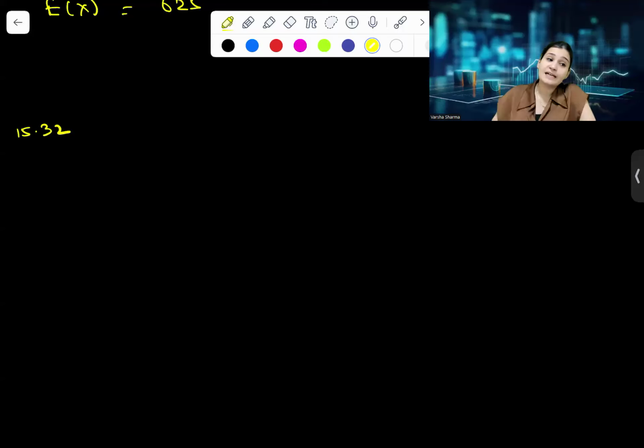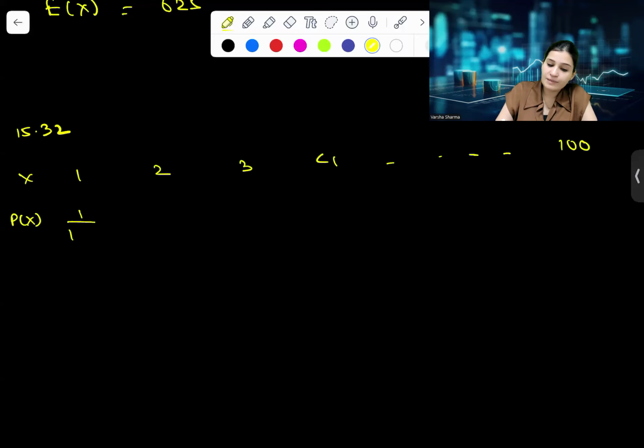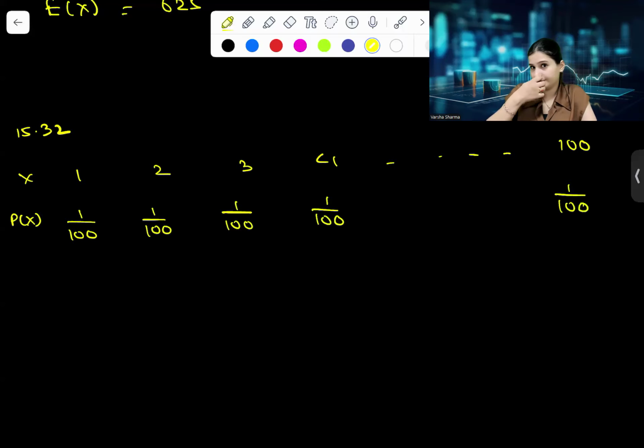So first, if I'm selecting a number from the first 100 natural numbers, my number can be 1, 2, 3, 4 till 100. And the probability for each number to appear will be 1 by 100 because there are 100 numbers and each number will have only one chance. Any doubt till here?